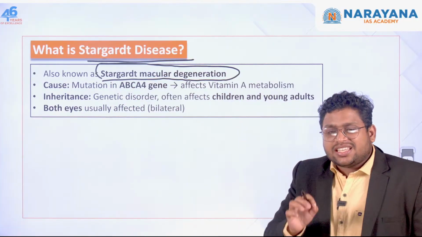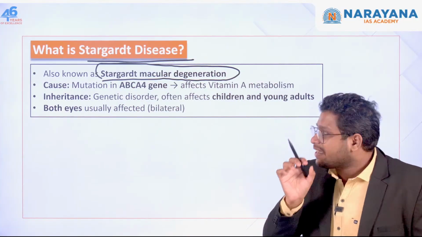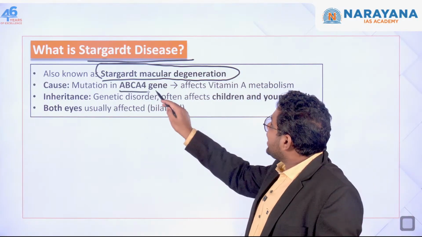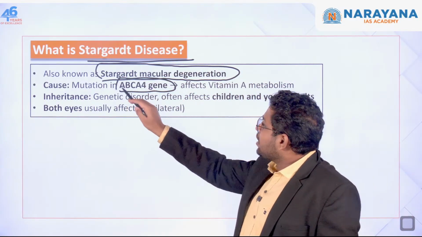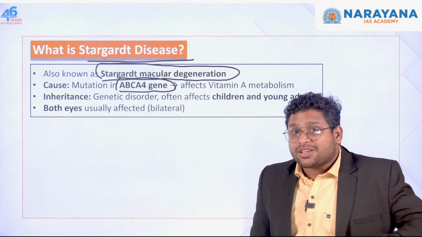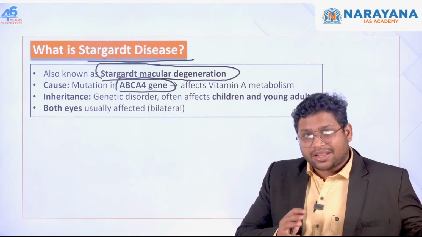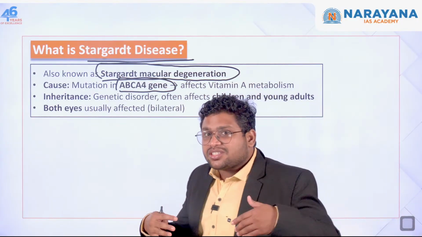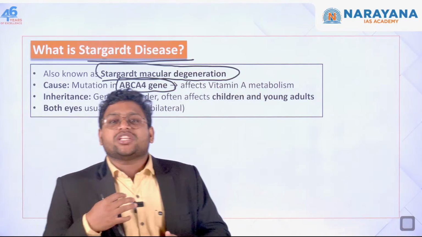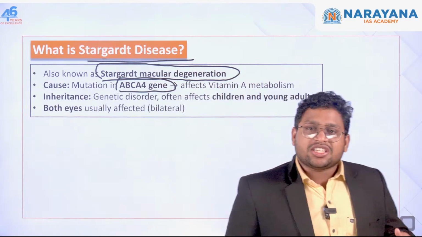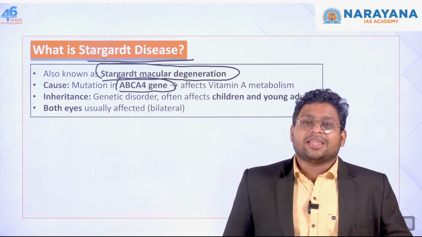Now, this disease is caused by a specific gene. The name of that gene is the ABCA4 gene. Now, when there is some mutation, some change, see, our genes continuously evolve, and these genes sometimes change, they mutate.